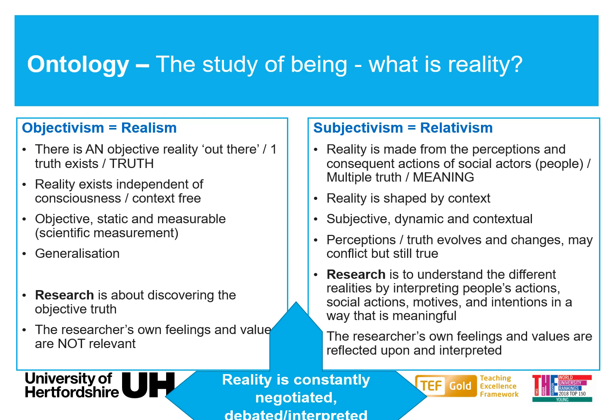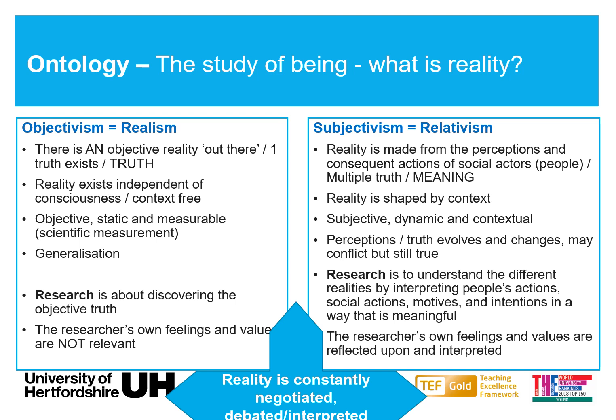So they may say, oh, people in this kind of organization or in that particular context behave in that way, but they may not necessarily behave in the same way in different social contexts or in different organizations. Okay, so reality is really shaped by different contexts, and it is subjective, dynamic, contextualized. Our perceptions or truth evolves and changes, and they may conflict at times, but that is still regarded as true, but just within that particular context.